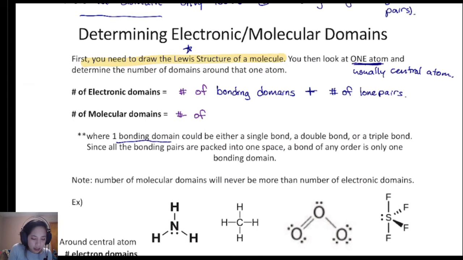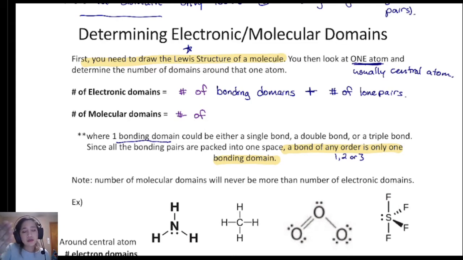A bonding domain can be a single bond, a double bond, or a triple bond. All of them count as one bonding domain. For a triple bond, there are 6 electrons total, or 3 bonding pairs, but since they're all packed into one space, we count that as one bonding domain. So a bond of any order, meaning 1, 2, or 3, counts as one bonding domain.